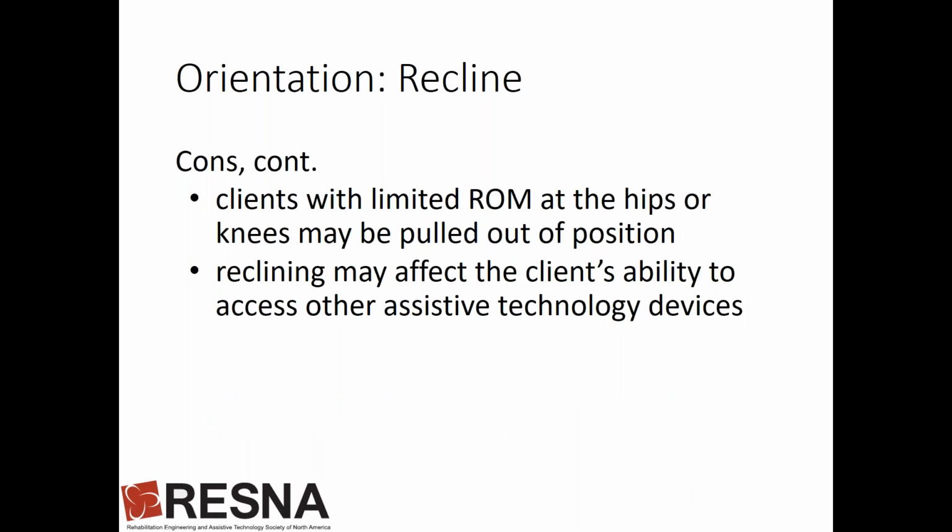Another con to a recline: someone that has limited range of motion, their knees may be pulled out of position. That may be their only way of pressure distribution, so you definitely wouldn't want to create that. And also, if you recline back, now you've pulled them away from their different assistive technology, so they may not be able to use a communication device.